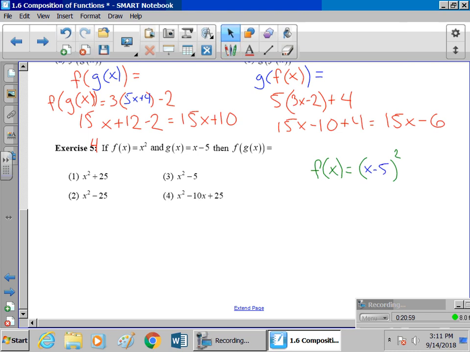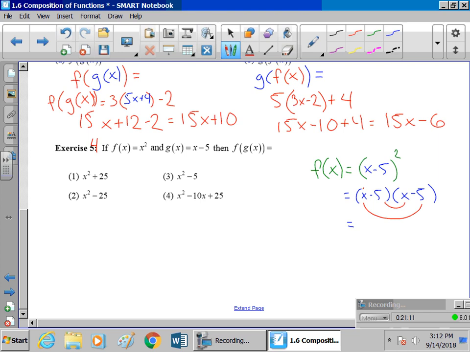It means you multiply it twice. So x minus 5 times x minus 5. Sometimes you knew this as FOIL. Sometimes you knew it as double distributive. But basically, you're just going to do your loops and come out with x squared minus 10x plus 25. And there it is right there sitting at number 4.